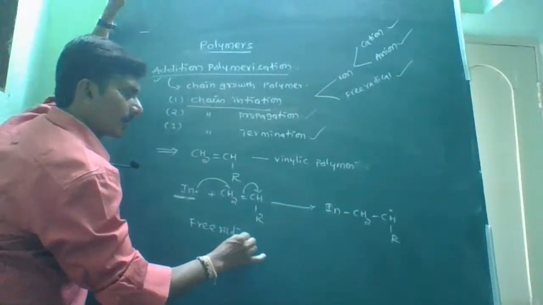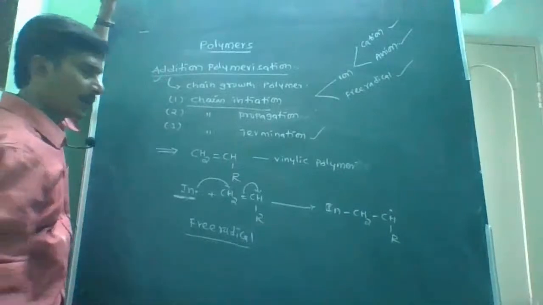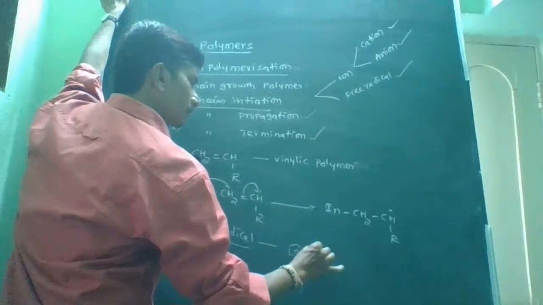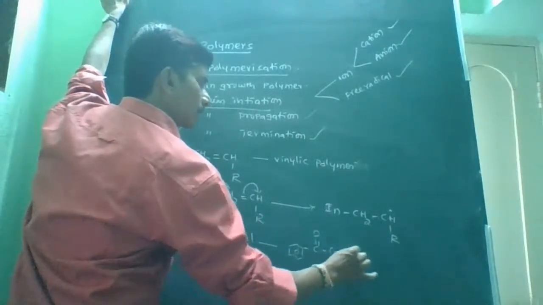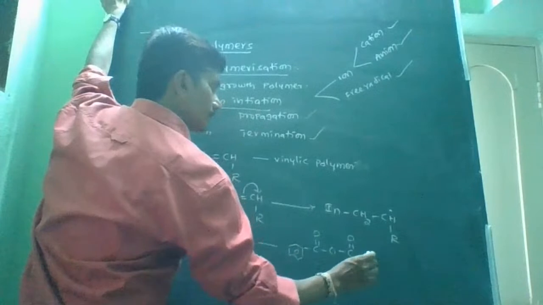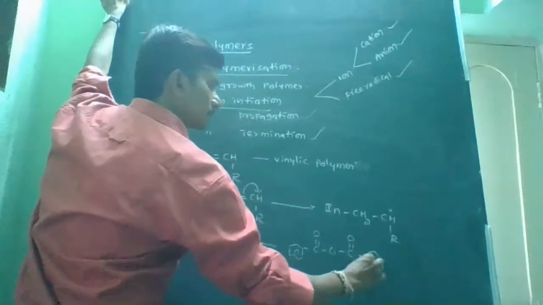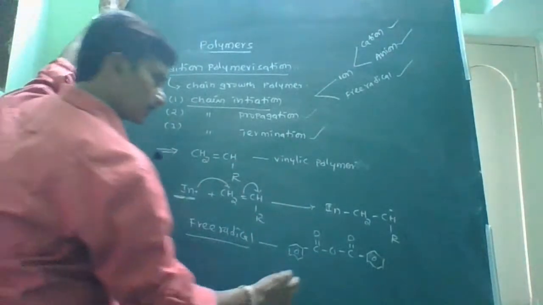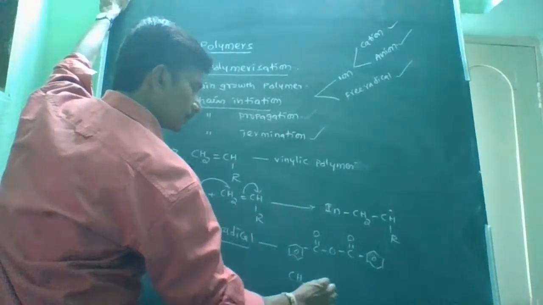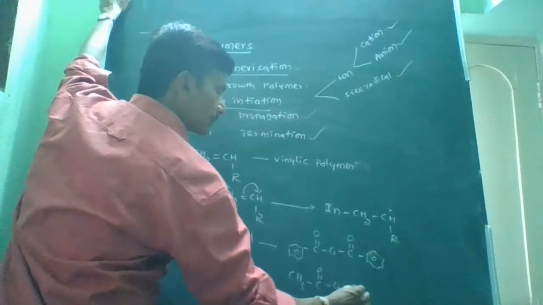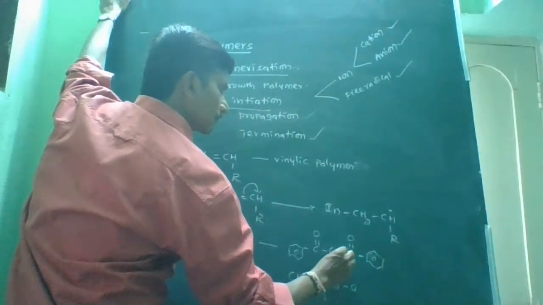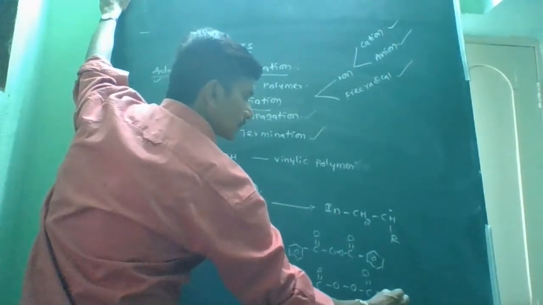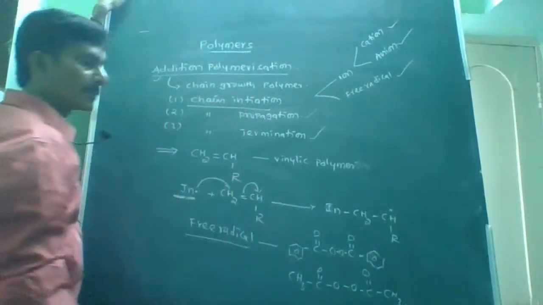In radical polymerization, chain initiators are benzoyl peroxide and acetyl peroxides.